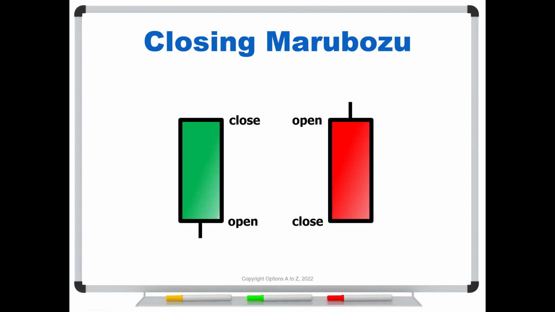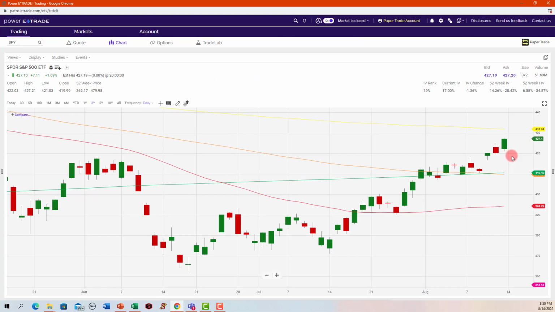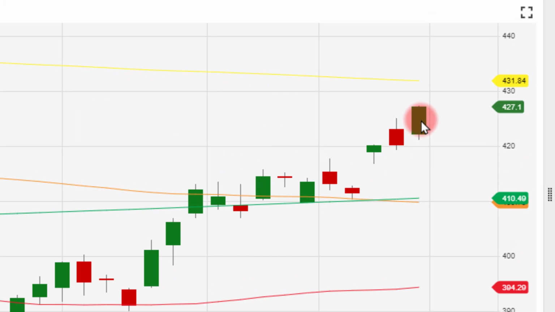So now that you know what a Marubozu is and an opening and a closing Marubozu, let's jump over to the E-Trade platform and take a look at some actual examples. All right, so now we're into the E-Trade platform. We're looking at the S&P 500 or the SPY. So this was Friday, August 12th, 2022, and pretty much a closing Marubozu.